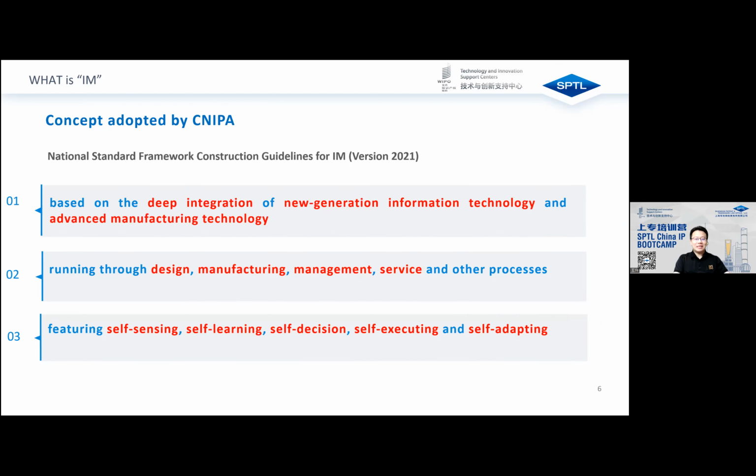From this definition, we can learn that IM is a technology based on the deep integration of new generation information tech and manufacturing tech. We can learn that this technology relates to not only manufacturing activity in narrow meaning, but also design, management, service, etc. Which means IM is the one running through design, manufacturing, traditional management, service, and other processes.